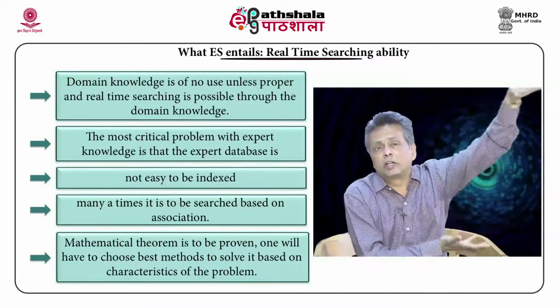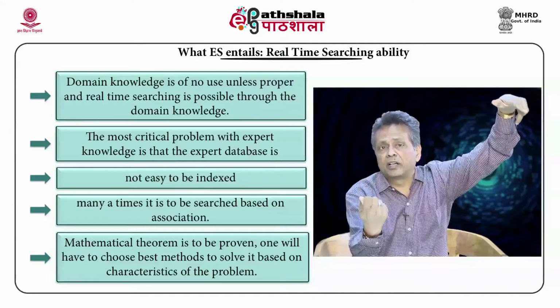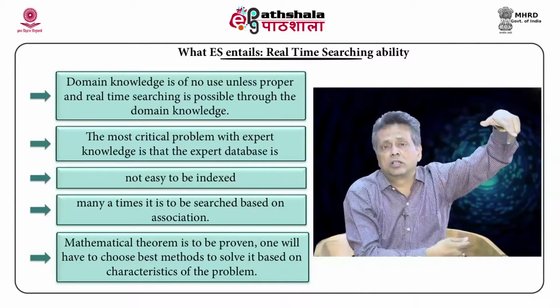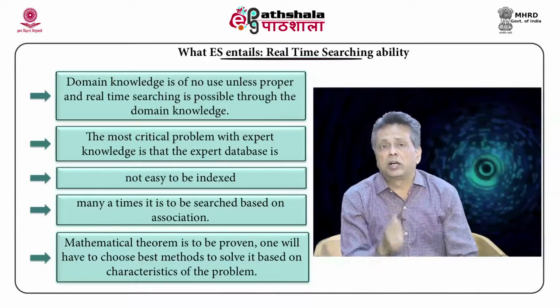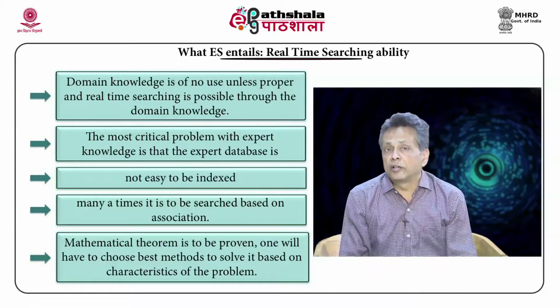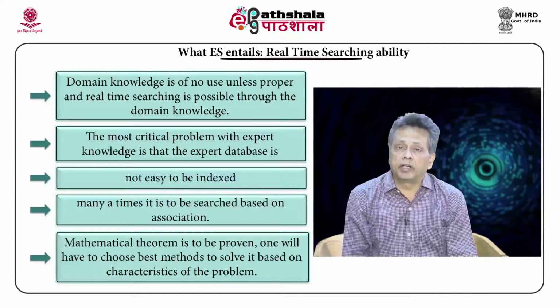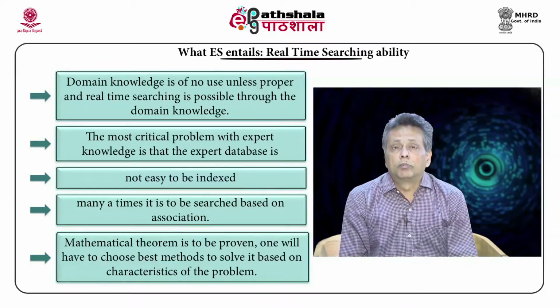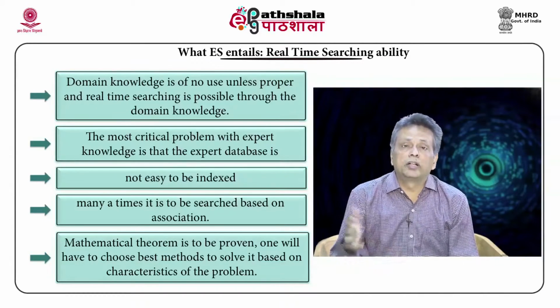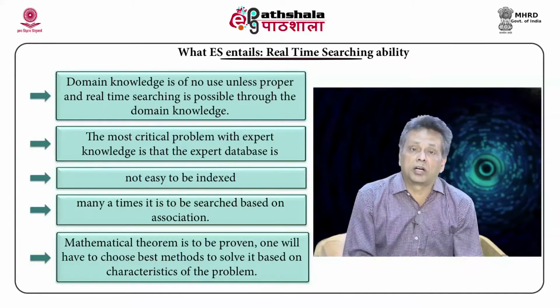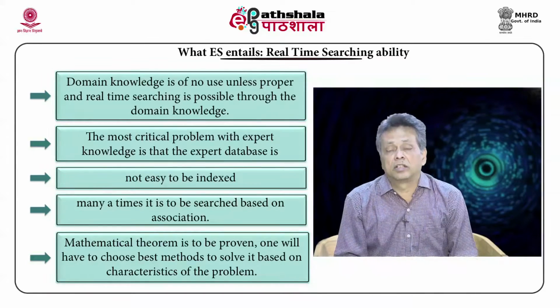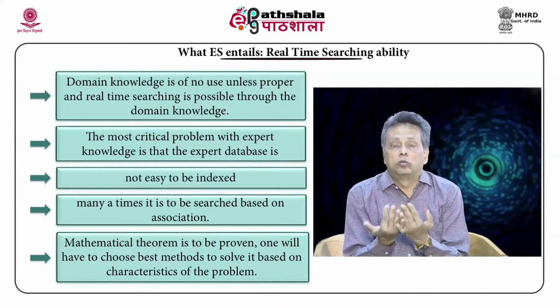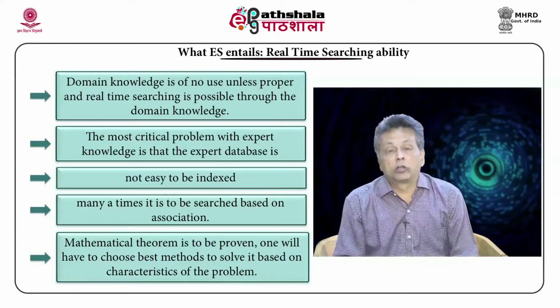It should not only have that domain knowledge, but whenever something is happening and input is taken, it should be able to search the information that it has in real time. And searching in real time, we have already seen, is a pretty hard problem to solve. But here there is an advantage. The advantage is that experts also do that, and they have already generated rules of thumb for their own domain.